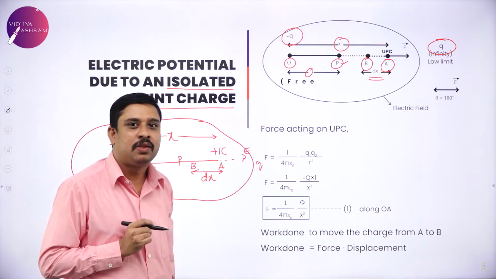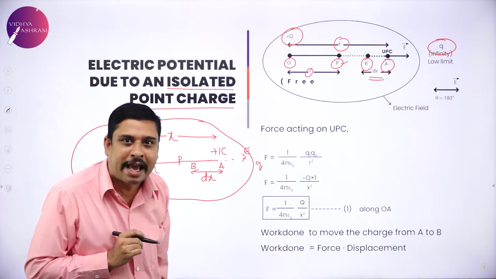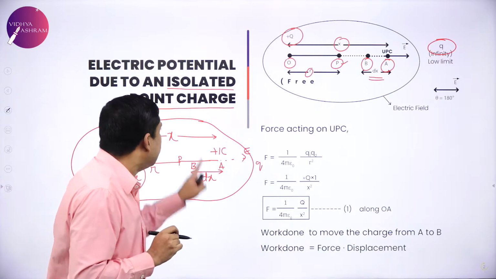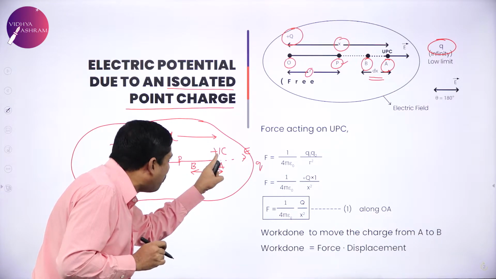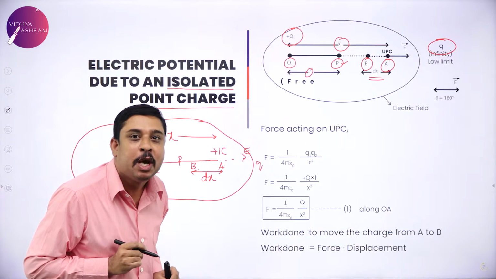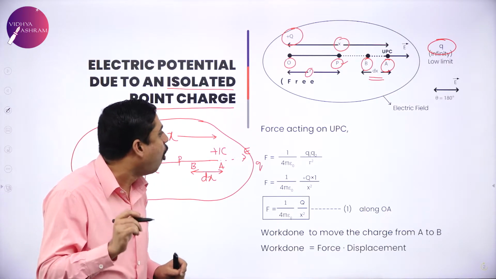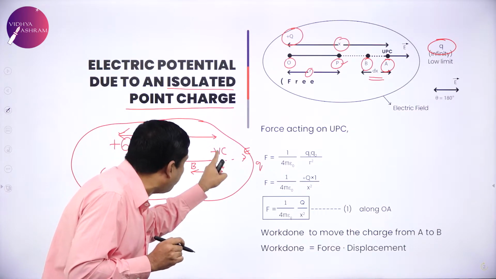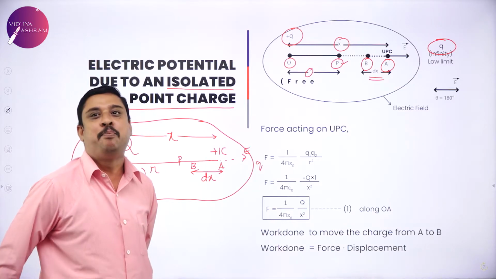Now students, in my initial step of calculation, I will calculate the force acting on this UPC due to the point charge plus Q. What am I calculating? Force acting on the UPC due to the point charge plus Q.